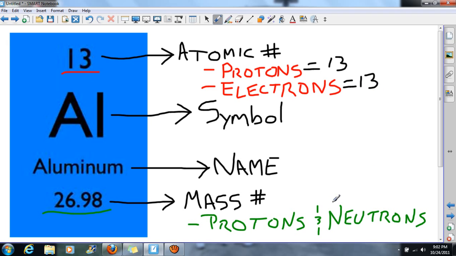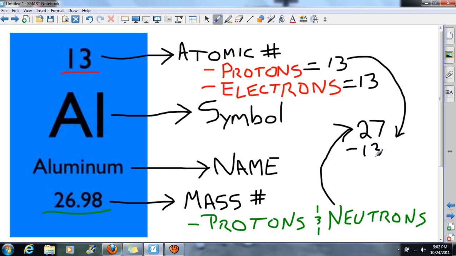To figure out how many neutrons there are, just do this here. I'm going to take the mass number, which is 27, and go ahead and round it. And I'm going to subtract the number of protons, which is 13. So doing some quick math here, that means that there are 14 neutrons.